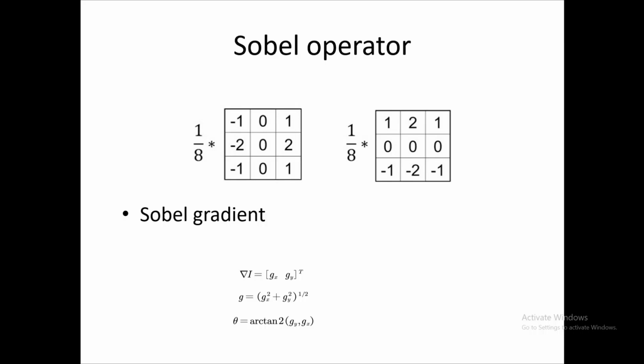And then we normalize it by dividing by 8. Here we consider the pixels above me and below me, and we normalize by dividing by 8. And this is what we get after this.